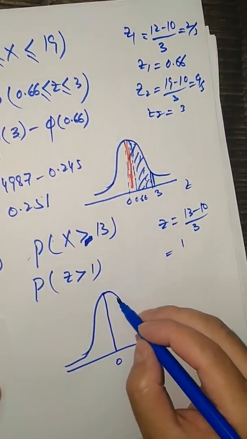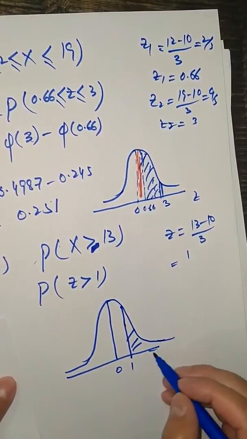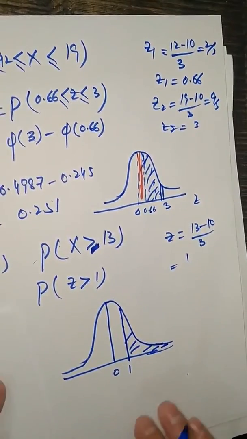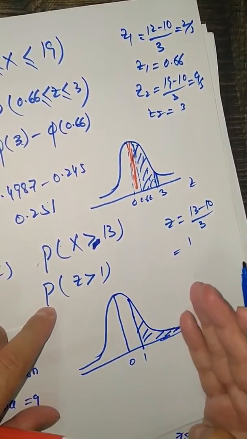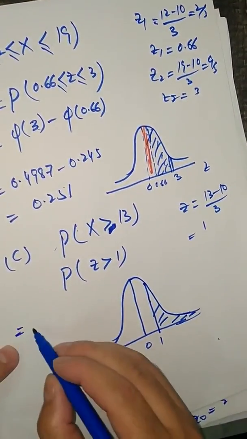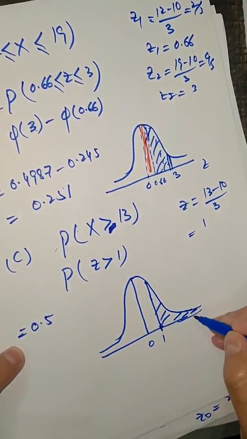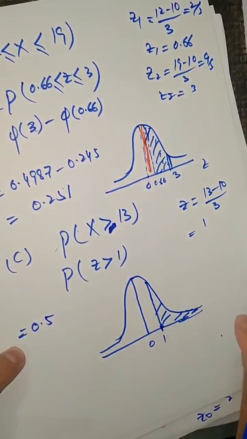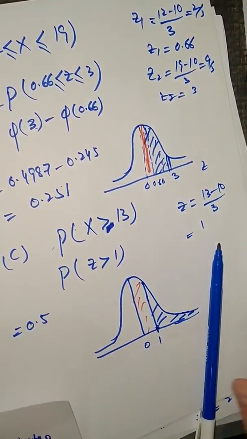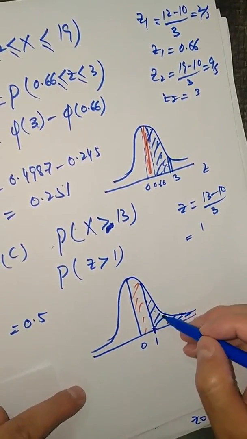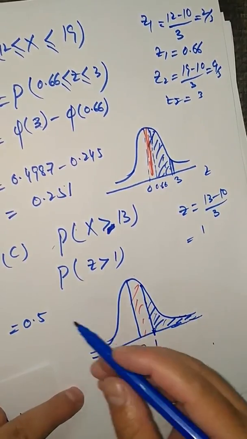This is 0, this is 1. So I have to find the probability in this shaded region. The total probability on the right side is equal to 0.5. I will subtract this red shaded region value from 0.5, so I will get the area under this green blue shaded region.